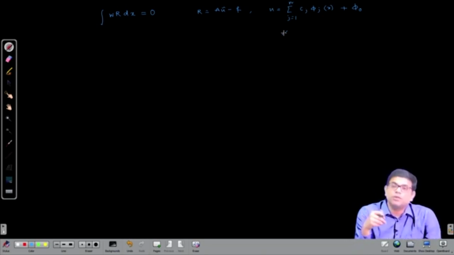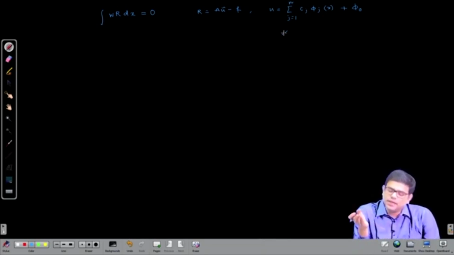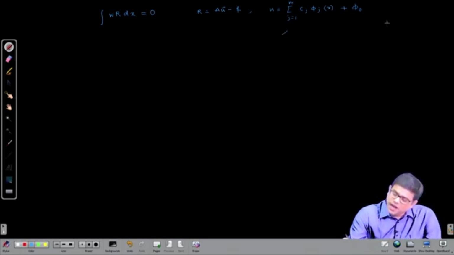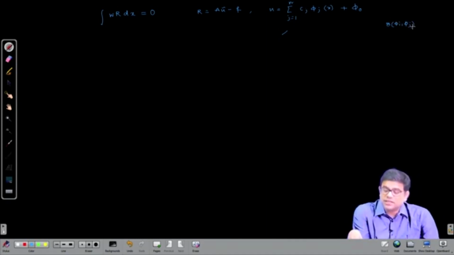Second, phi j should be such that it will lead to a linearly independent stiffness matrix. So B i j, or B of phi I phi j, should be linearly independent. Here the weight function is chosen as phi I. So this is one of the conditions.